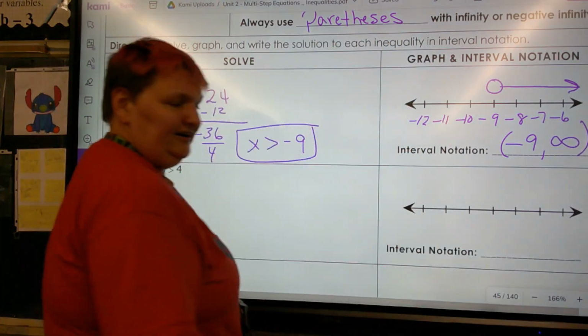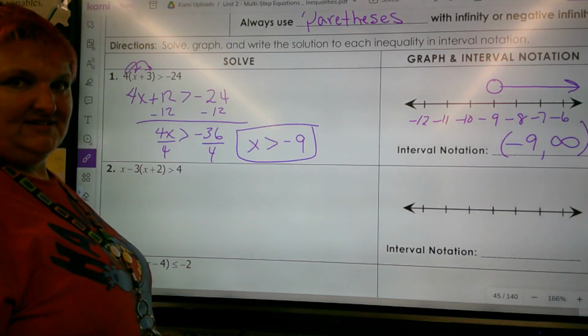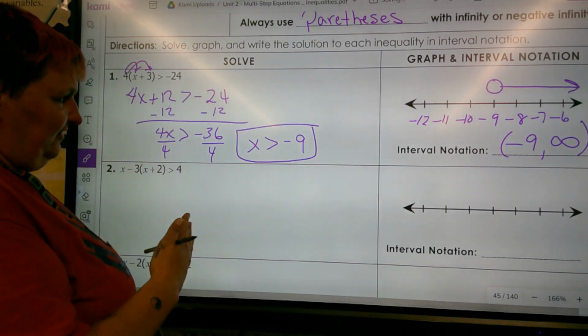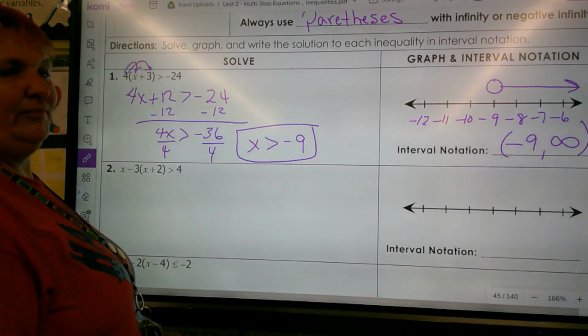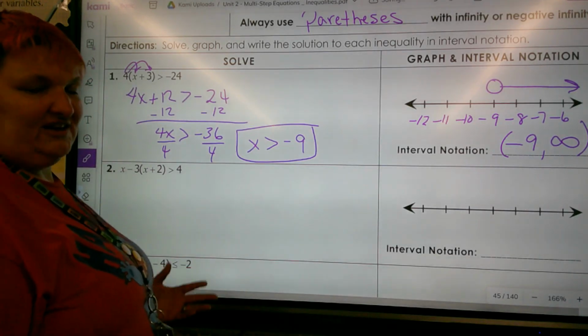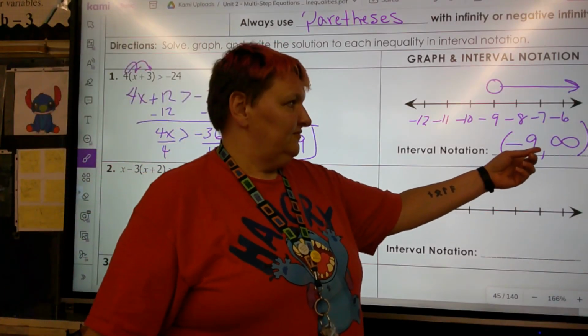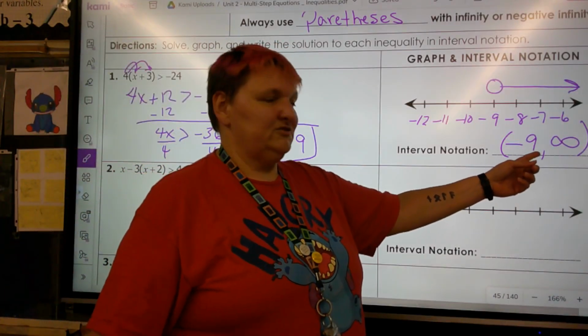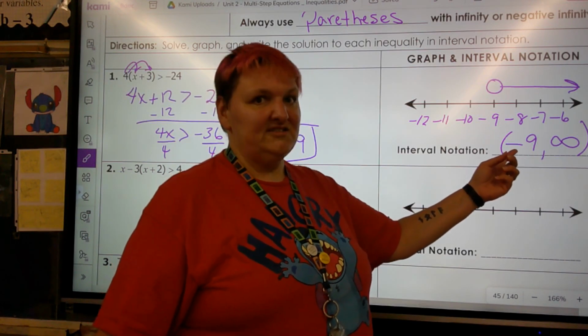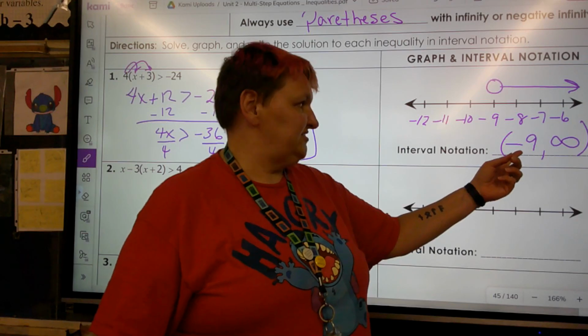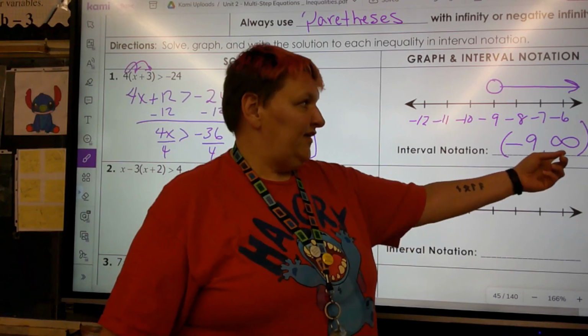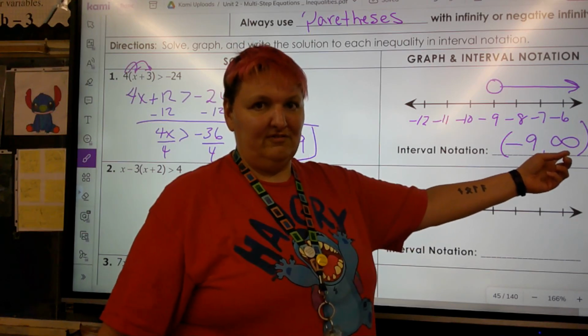And because it's infinity, we use parentheses. It has to be greater than negative 9, but all the way to infinity. So instead of having to write all those numbers, you could represent it this way. Anyone reading this will understand that negative 9 is not included because it's a parenthesis, not a bracket, and that it could go all the way forever and ever.